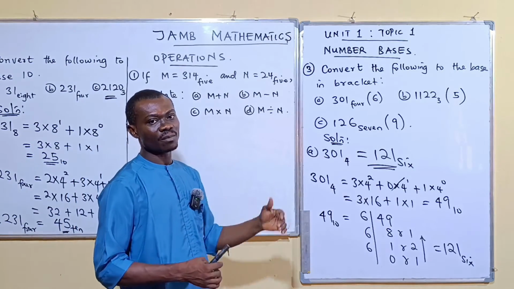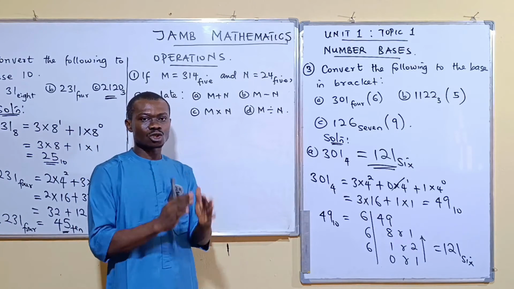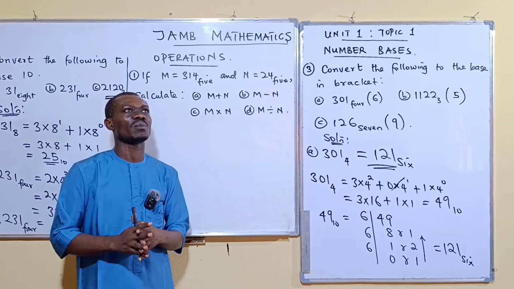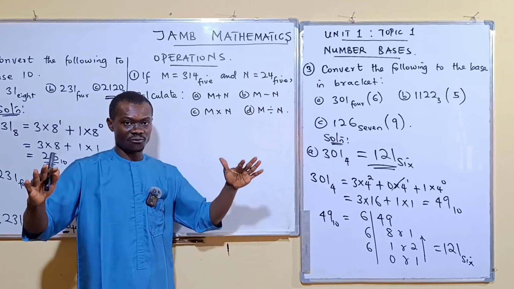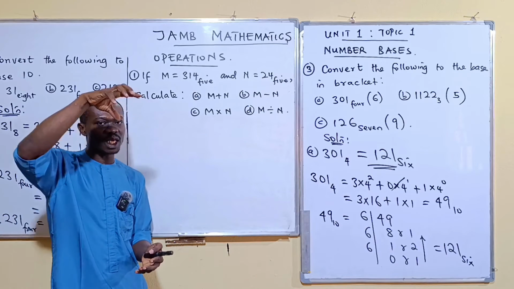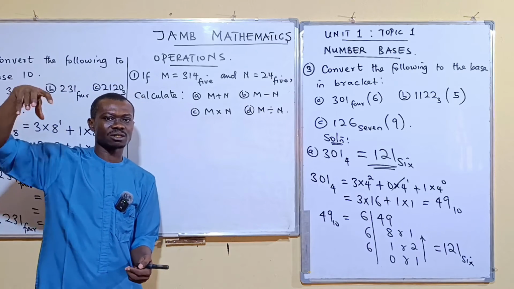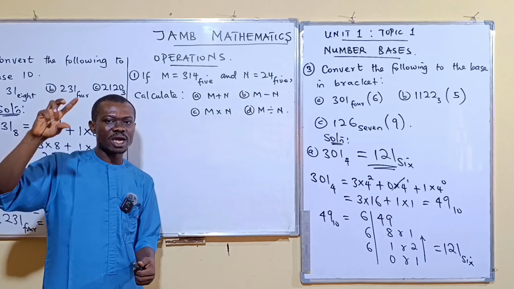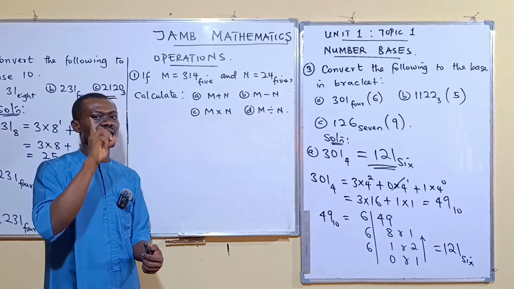Remember that I'm also going to bring you some real JAMB questions. I have past questions of about 9 years. I picked out the questions from number system, and I discovered that there's always one question in a particular year.